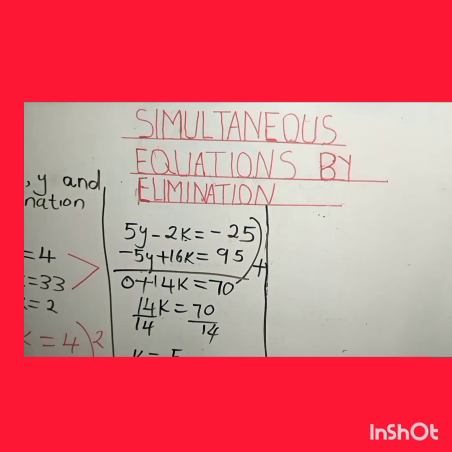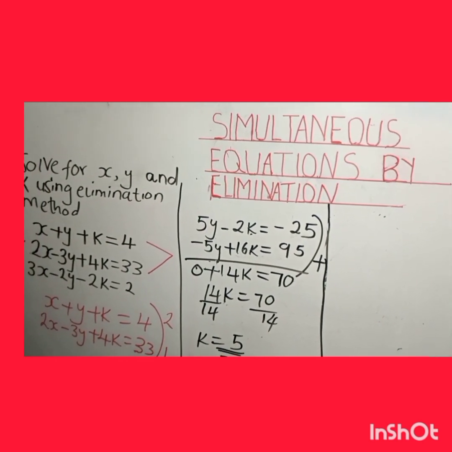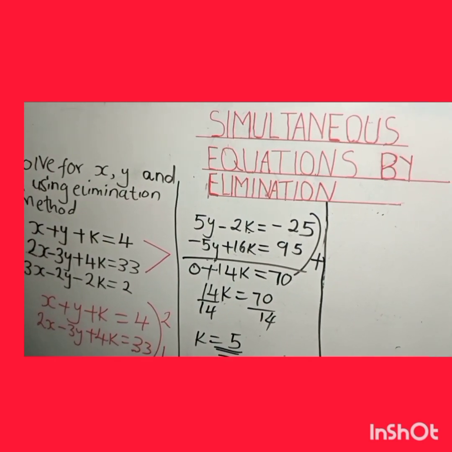Now after having the value of k and the value of y, then we can replace the two values in either equation 1, equation 2, or equation 3 for us to get the value of x. So you can either replace in the first equation where you have k, you put 5, and where you have y, you put negative 3.